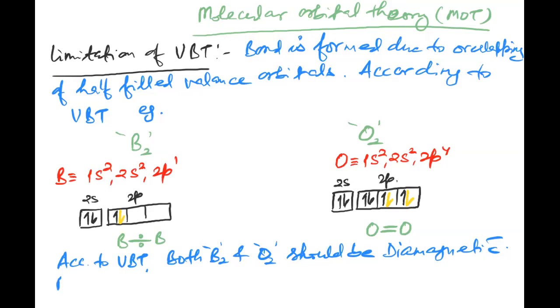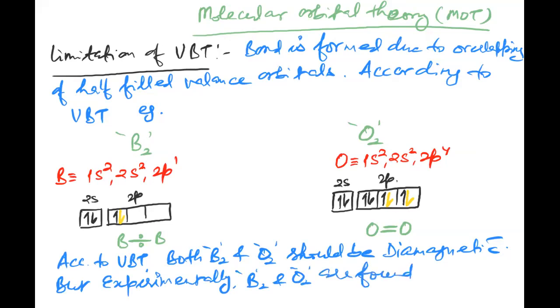But experimentally, both B2 and O2 are found to be paramagnetic in nature.